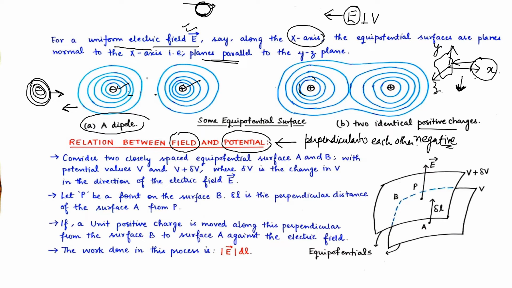Now see, consider two closely spaced equipotential surfaces A and B with the potential values V and V plus del V, where del V is the change in the V in the direction of electric field E. So see here, we are having one surface like this. This is our surface number 1.